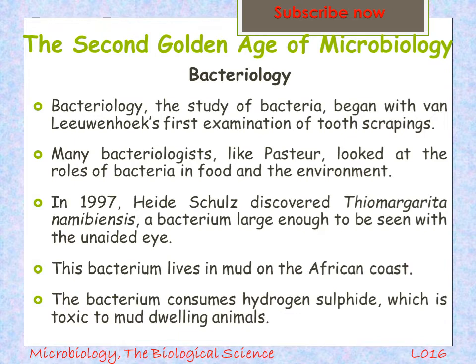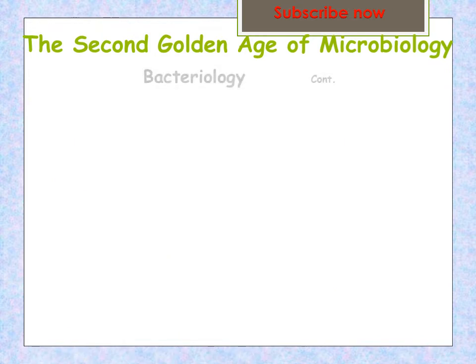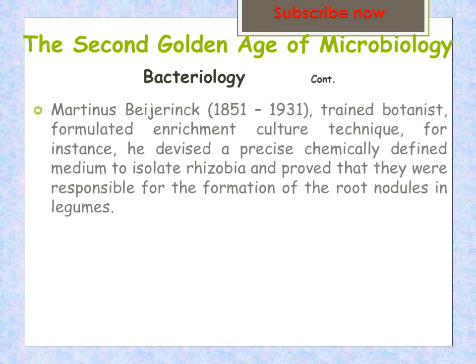Martinus Beijerinck lived between 1851 and 1931. A trained botanist, he formulated the enrichment culture technique. For instance, he devised a precise chemically defined medium to isolate rhizobia and proved that they were responsible for the formation of the root nodules in legumes.